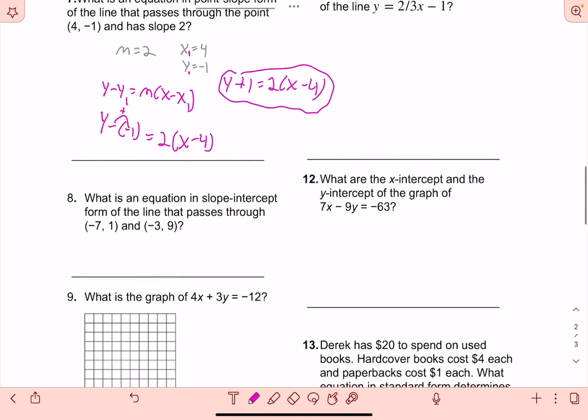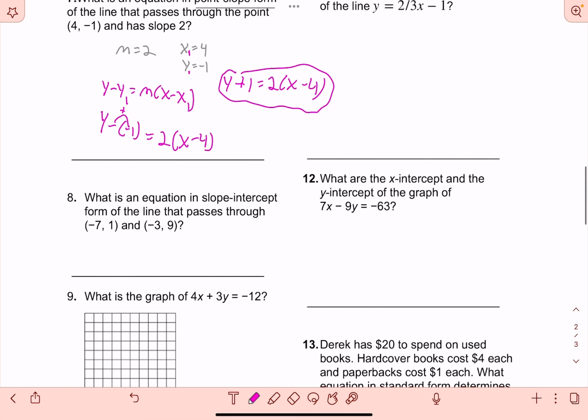What is an equation in slope-intercept form of the line that passes through these 2 points? First step, you got to find slope. Change in y, 9 minus 1, over change in x, -3 minus -7.